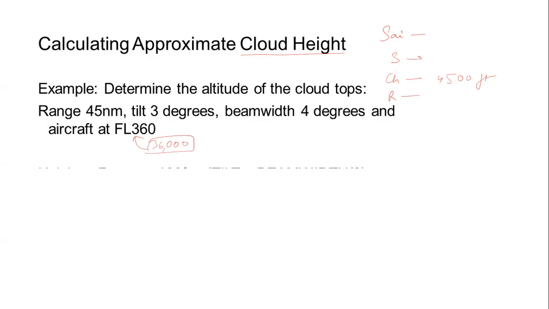Four, five. Okay. You need to apply a little bit of common sense here, which I just told you. The aircraft is at 36,000 feet, and I need to calculate the cloud height.